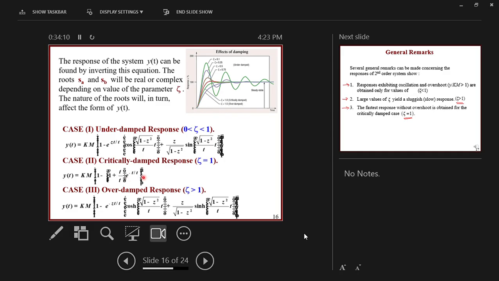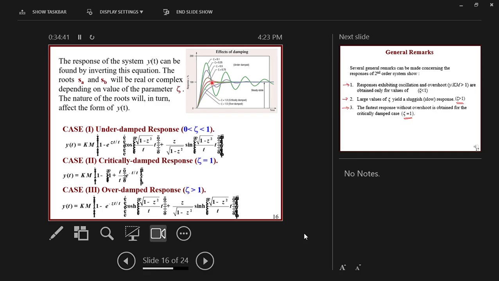And it is very similar to the first order response in terms of shape or form, and that's why the graph here represents very similar behavior to the first order system. So when the second order process is critically damped, its response will be very similar to a first order process. This is a very specific case.